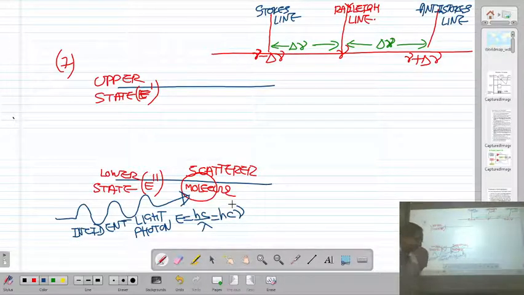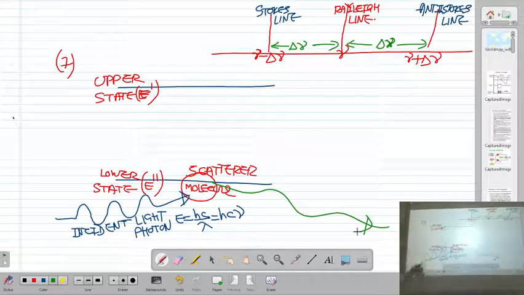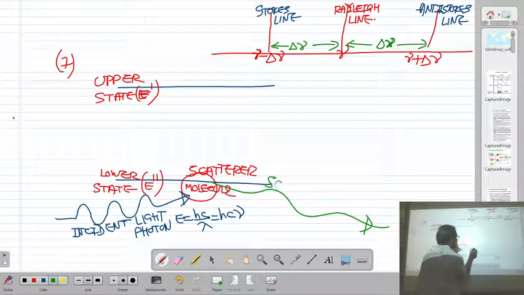Now what will happen when the incident light photon collides with the scattered molecule, which is in the lower energy state E double dash? After the collision, the photon is scattered.